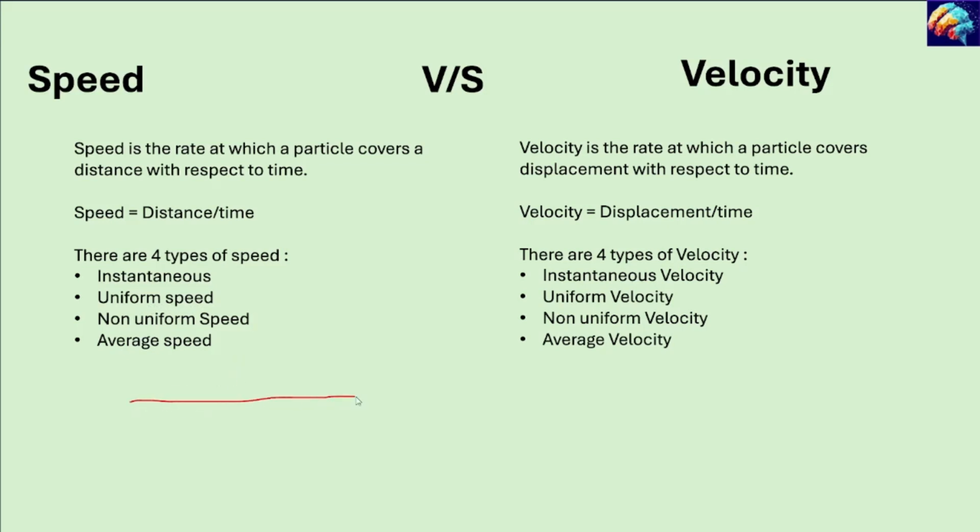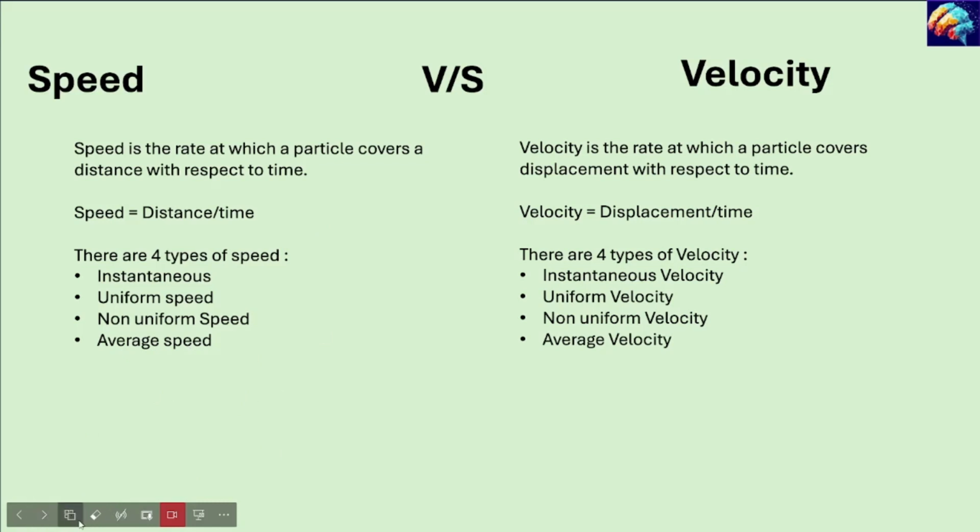Uniform speed is the speed which is constant. For example, a body is moving 1 meter per second. So in time intervals of 1 second each, it's moving 1 meter. So this is called uniform speed, but when the object is not doing so, it's called non-uniform speed.